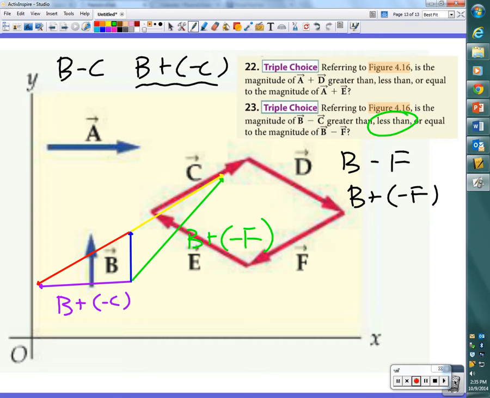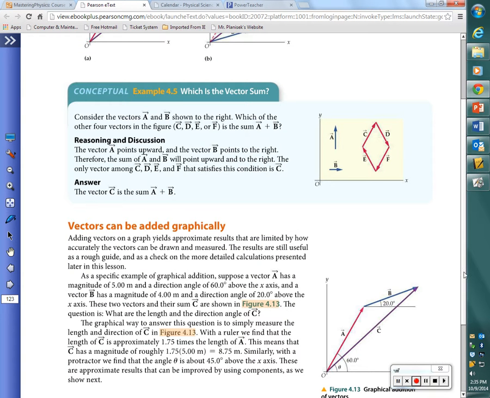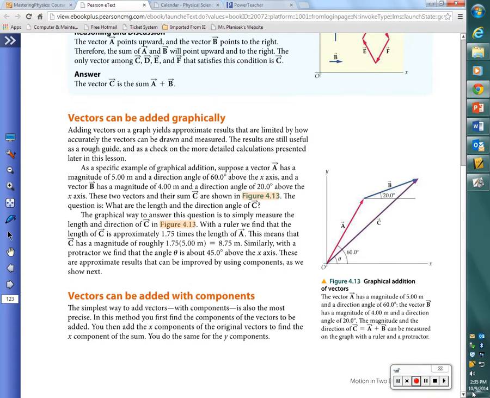Okay? So, the other way that we talked about doing, and we talked about it briefly at the end, is using the components of the vectors to add it algebraically or mathematically. Okay? So today I want to walk you through an example of that because that's the one we're going to do most often.